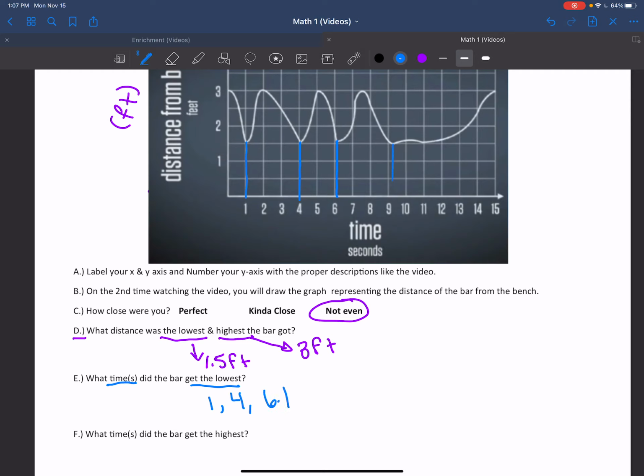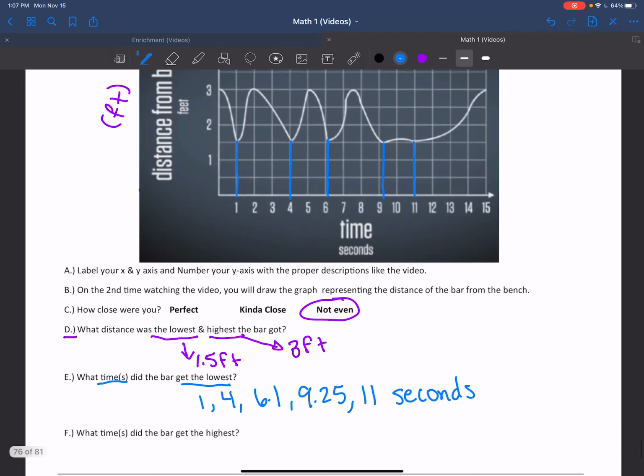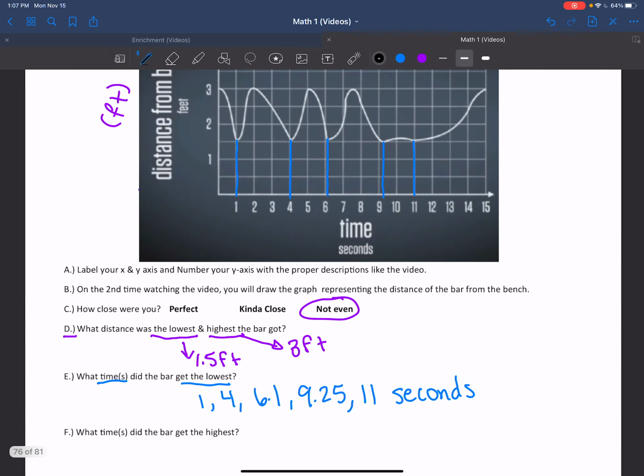Here's another low point, and that was about 9.25 seconds. Here's another low point, that's about 11 seconds. So those are all the times that it gets the lowest. Sometimes there's more than one, sometimes there's less than one.